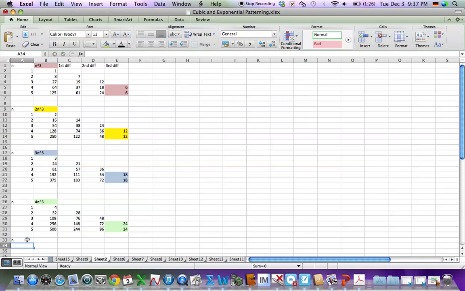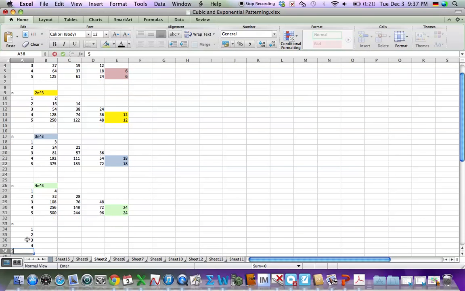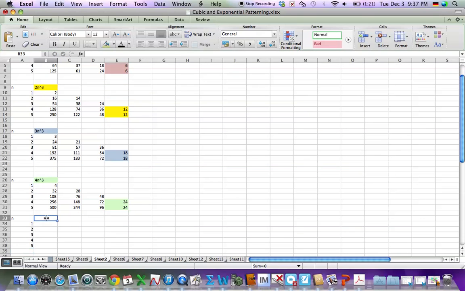So if I try n 1, 2, 3, 4, 5, and I try 5n cubed, so 5 times this number cubed, and extend it all the way down and find my differences. I'm expecting the third differences to be 6 times 5, so 30.